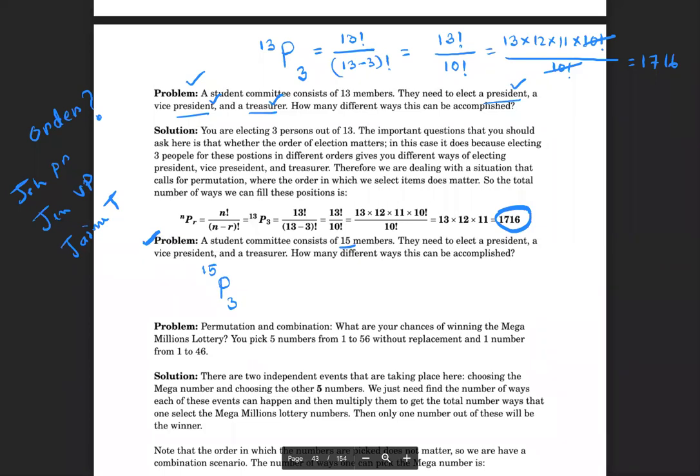So it's going to be 15 factorial divided by (15 minus 3) factorial. 15 minus 3 is 12 factorial. So 15 times 14 times 13 times 12 factorial divided by 12 factorial. These cancel out, and whatever number comes out when you multiply 15 times 14 times 13.